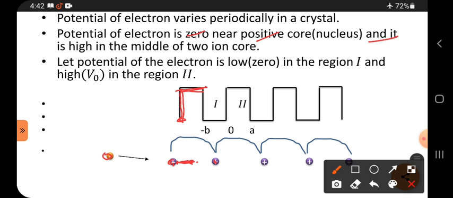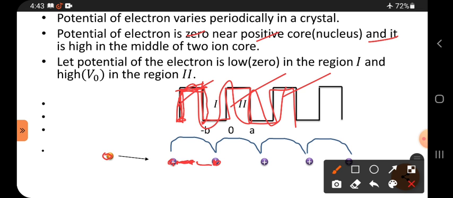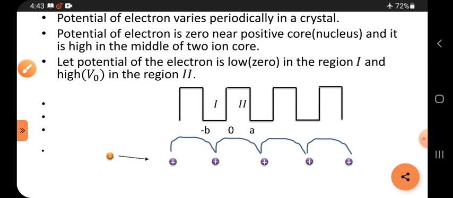After the middle, if it is moving towards another positive charge, its potential energy decreases. When it is very near to the next ion core, its value is very small. So like this, potential energy increases, decreases, increases, decreases in this manner. So it is periodicity. Why? Because the same thing is repeating again and again, so we call it periodicity or periodically.